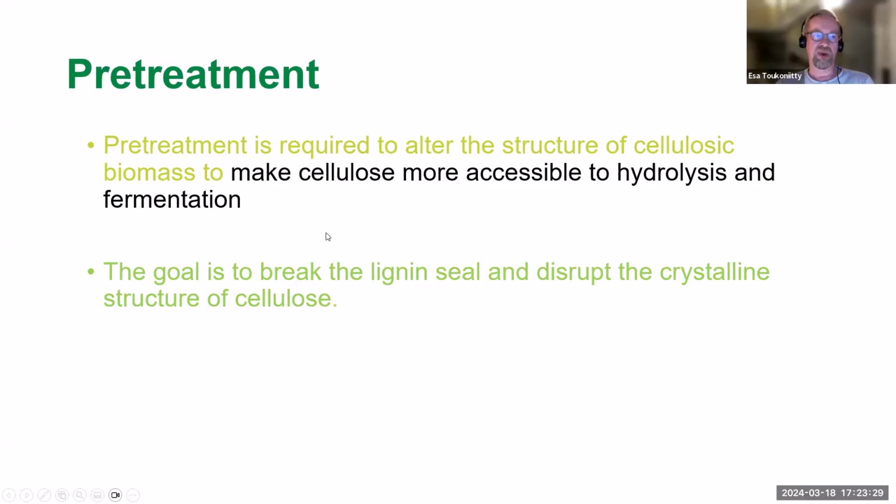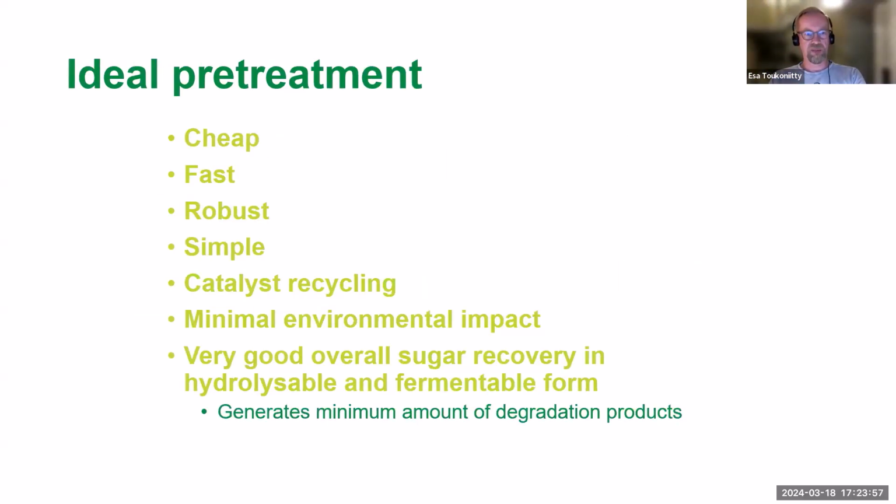This is just to make the fermentation work better. And here one goal is to remove or break the lignin, which is the glue holding the hemicellulose and the cellulose strands together. And there are several methods for how to do this.